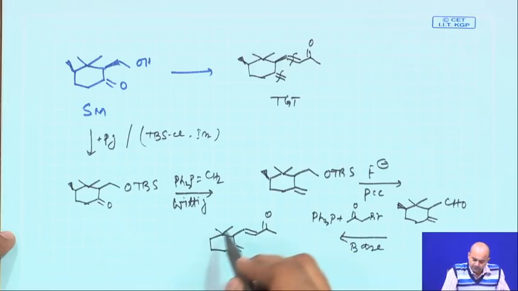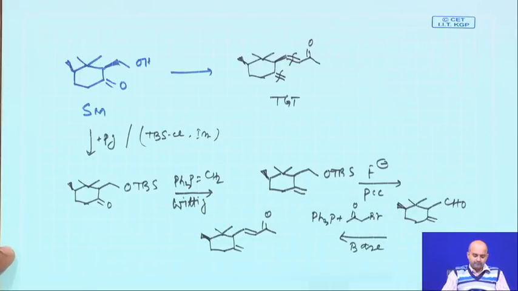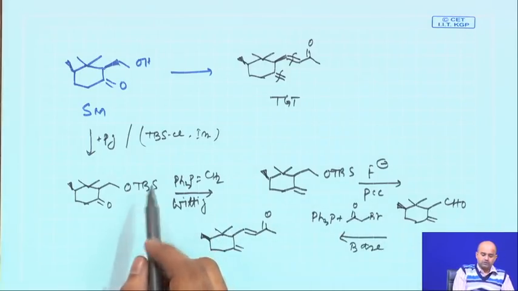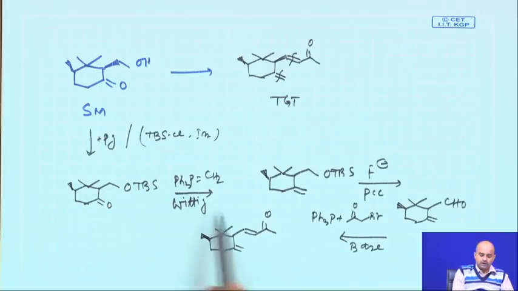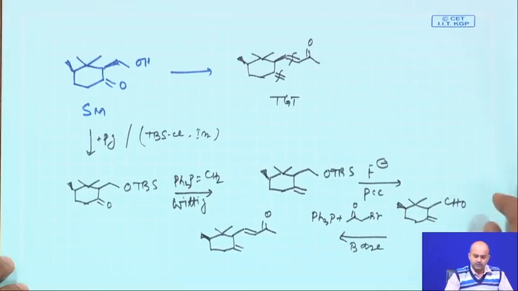The only thing is you have to use a protecting group on this alcohol. So, this free alcohol needs to be protected prior to the initial Wittig reaction. This kind of selective protection and deprotection is a very useful strategy for making a medium size target as well as complex target.